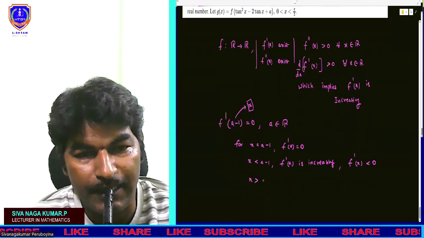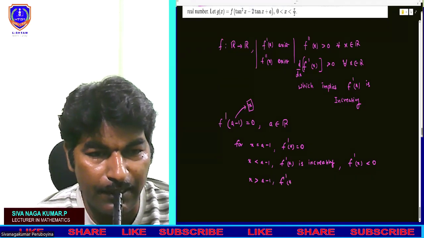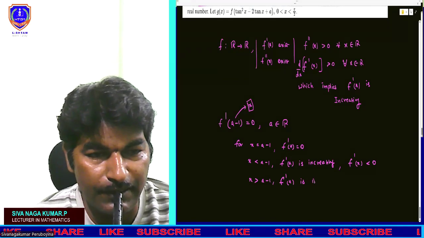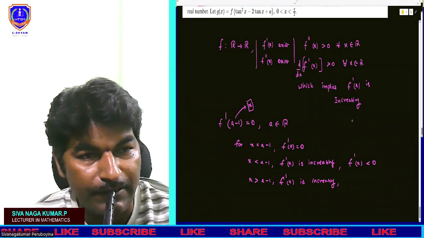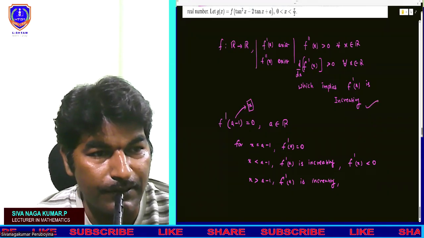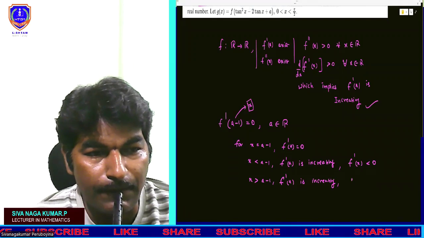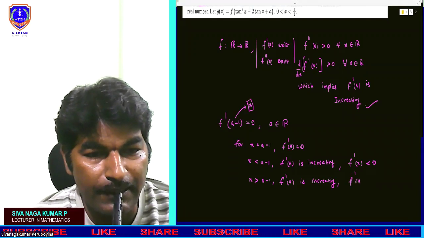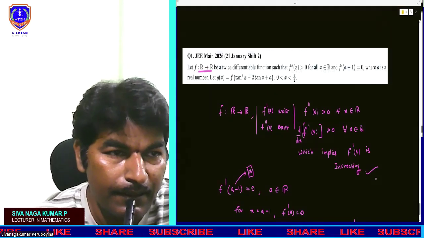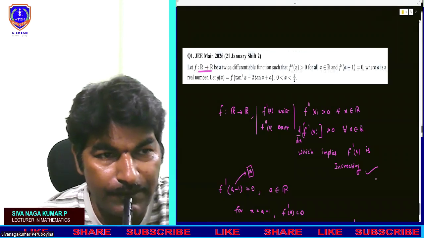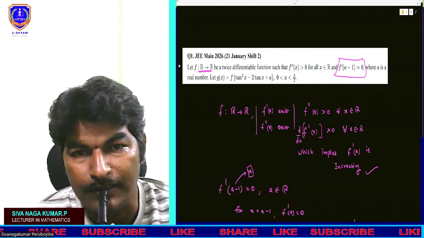And for x greater than a minus 1, for all a belongs to R, f'(x) is an increasing function. We already claimed that f'(x) is increasing here, so that f'(x) is greater than 0. These are all the conclusions we are getting from this equation, f'(a minus 1) equal to 0, where a is a real number.